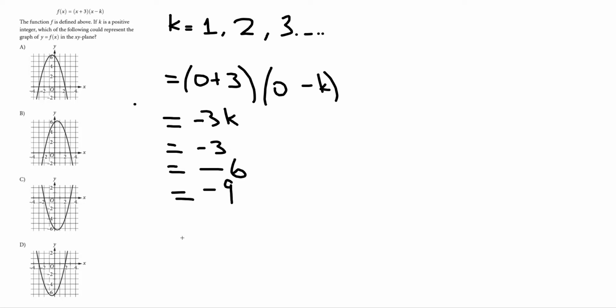Now we could do the exact same trick, but this time we can set the function to be 0 and see what some of the x values would be. Instead of plugging in x equal to 0, we plug in y as 0.